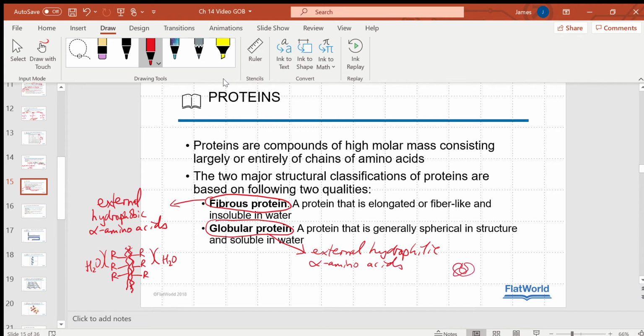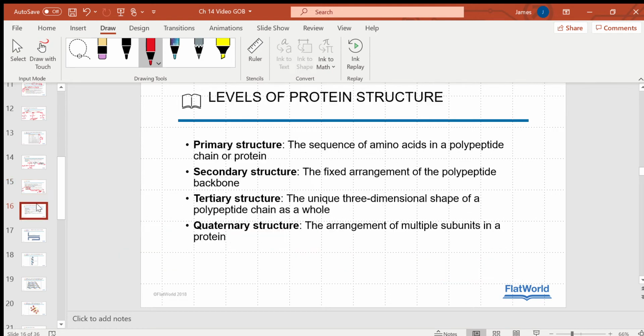So for example, if you had a big globular protein here and you had external alpha amino acid functional groups, they would all be hydrophilic, so that when water molecules came around to check this structure out, there would be favorable interactions and the water would allow the dissolving of this large structure. So that's an important thing to point out on that slide. Okay.